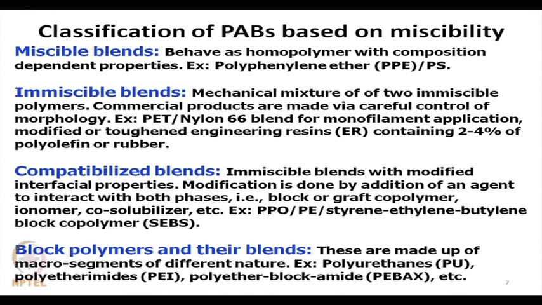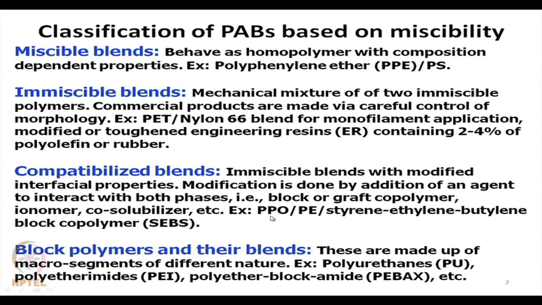That means the third component used as compatibilizer can interact with both, so that they can keep both the polymer components P1 and P2 miscible by the presence of this third component.